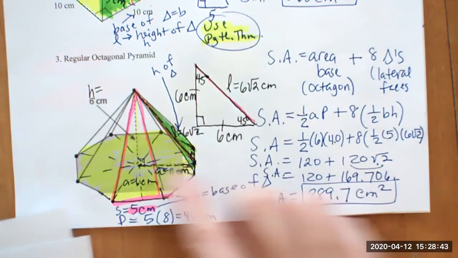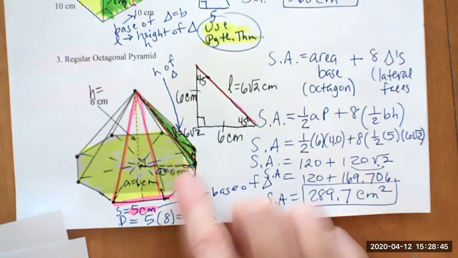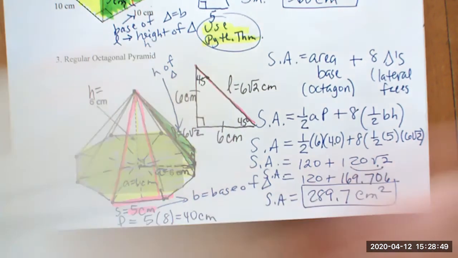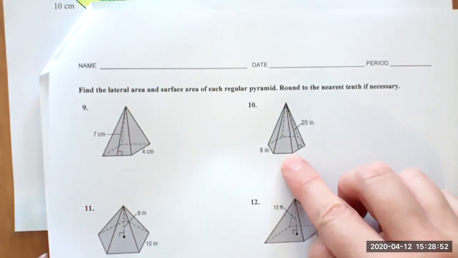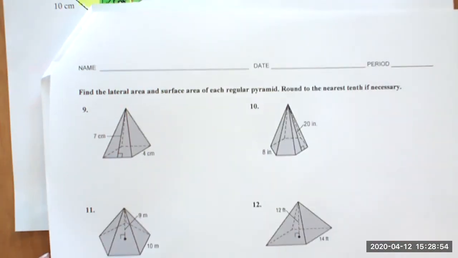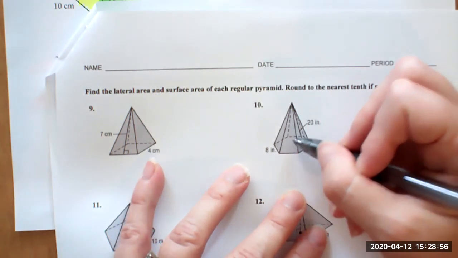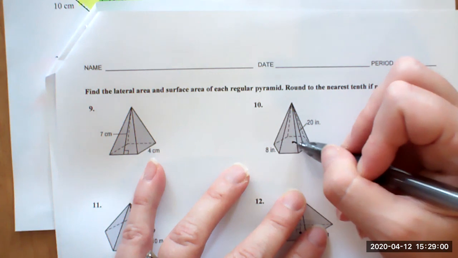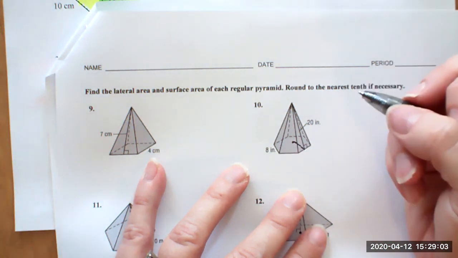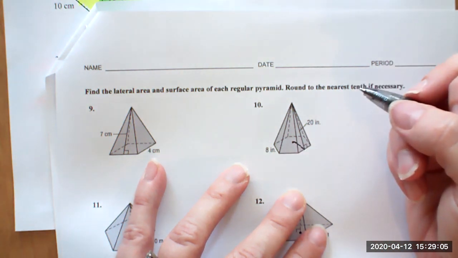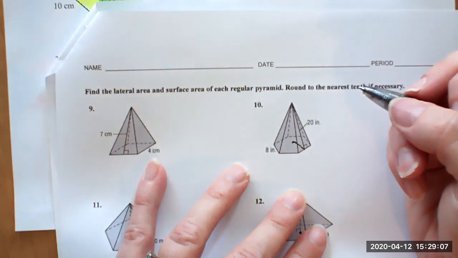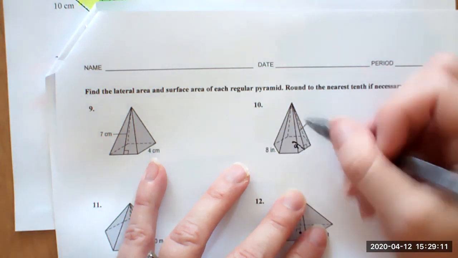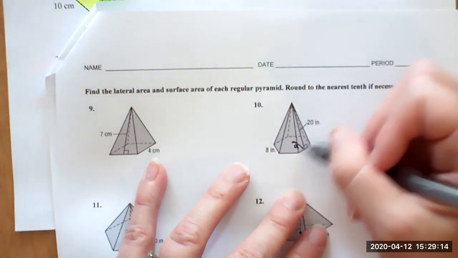Unlike in this situation, where we're given the apothem, here you don't have the apothem. The apothem is this distance right here, and you're going to need to calculate it in order to figure out the area of the base.